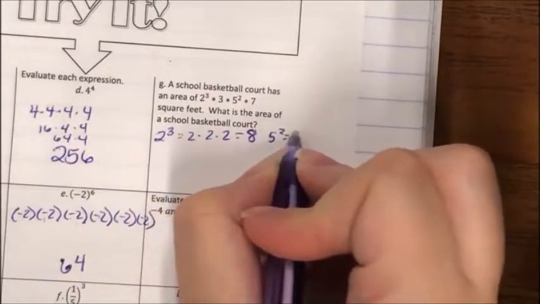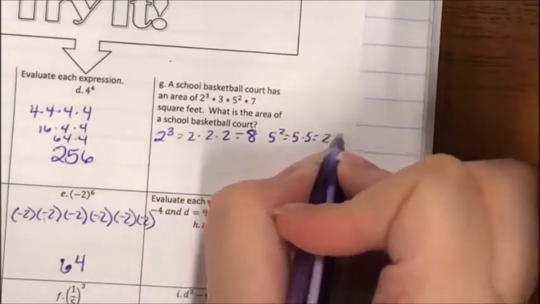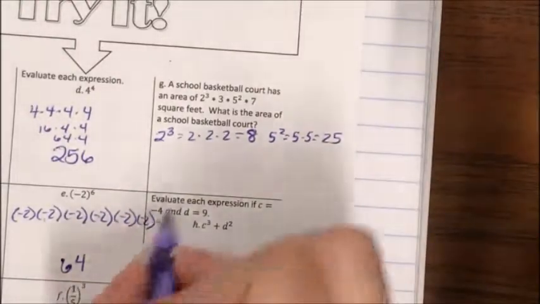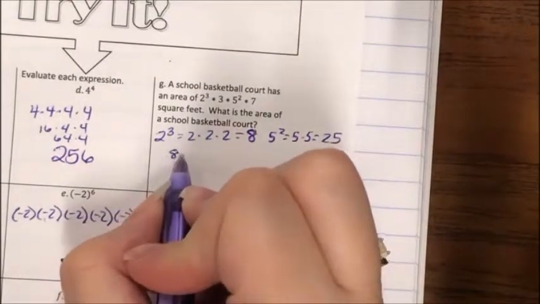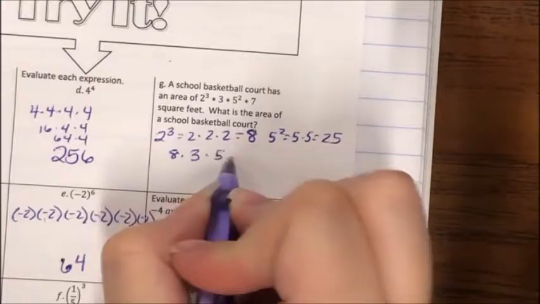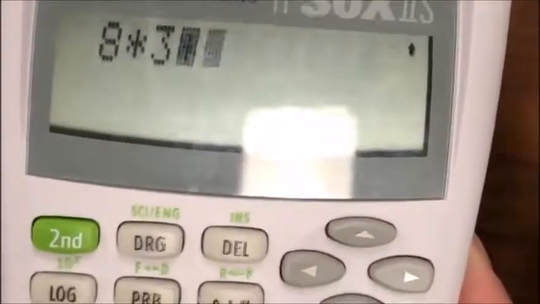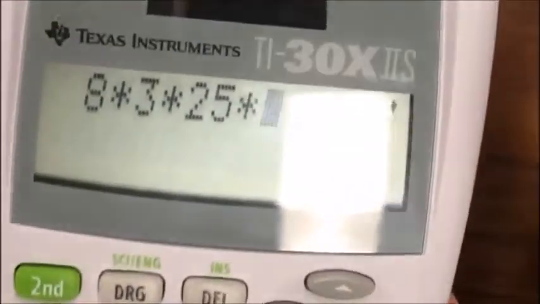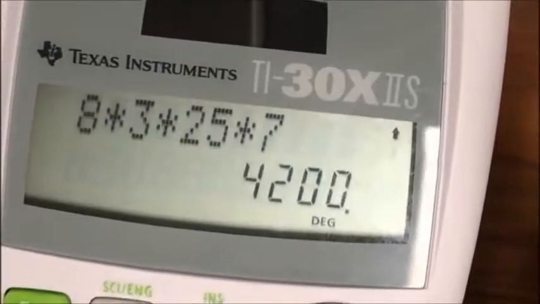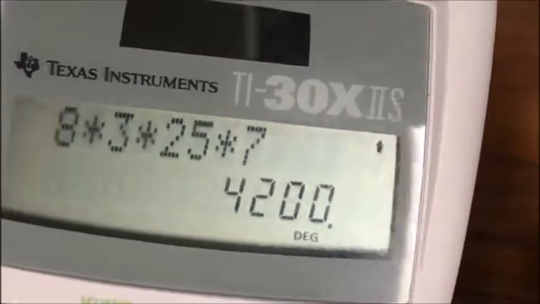And 5 squared is really 5 times 5, or 25. So then I have 8 times 3 times 25 times 7. When I multiply all that together, I can pull out my calculator, right? 8 times 3 times 25 times 7. I get 4,200.